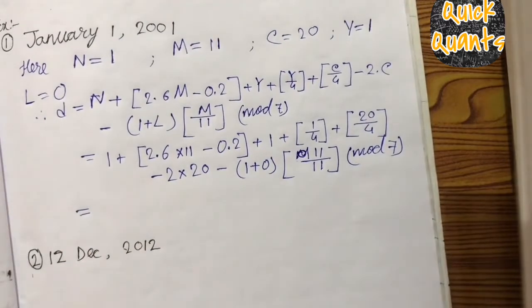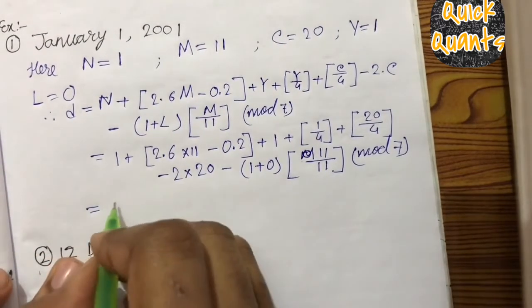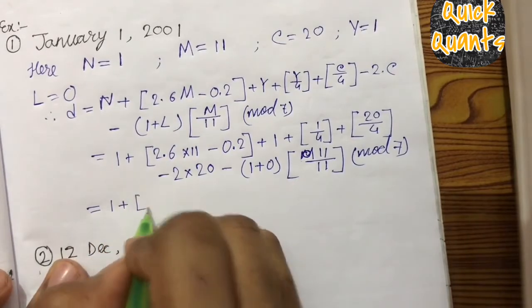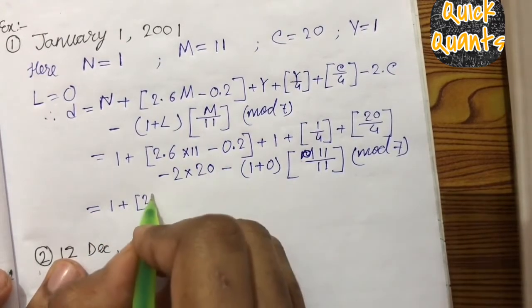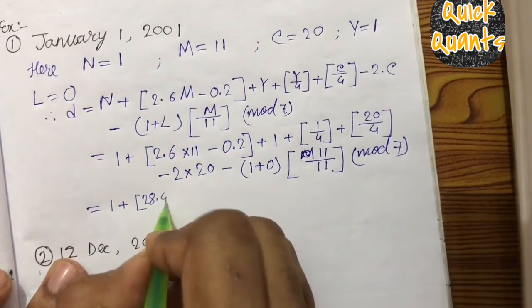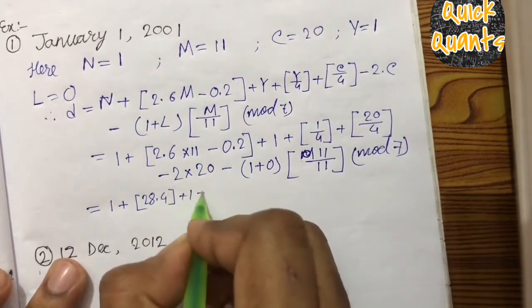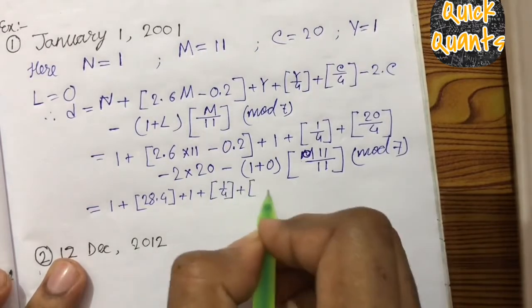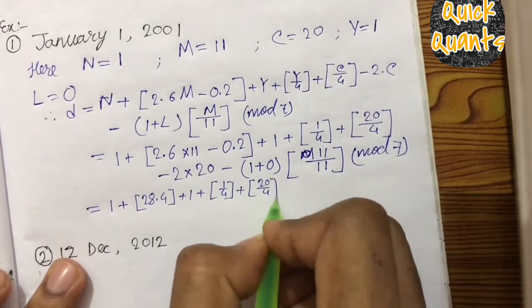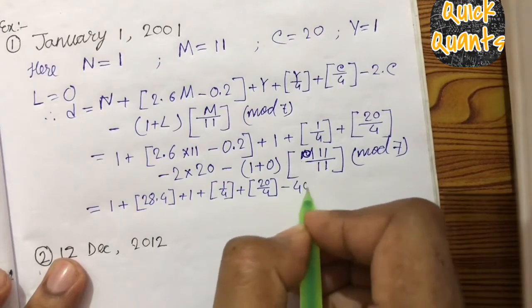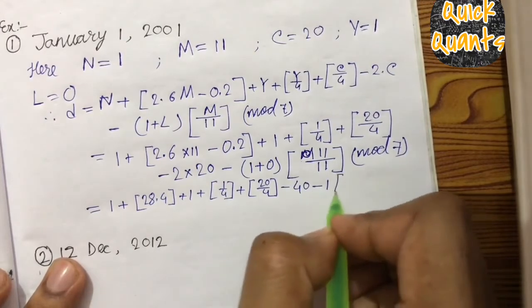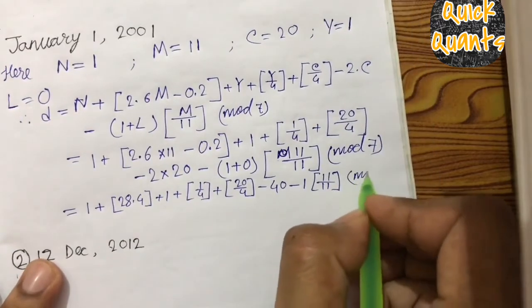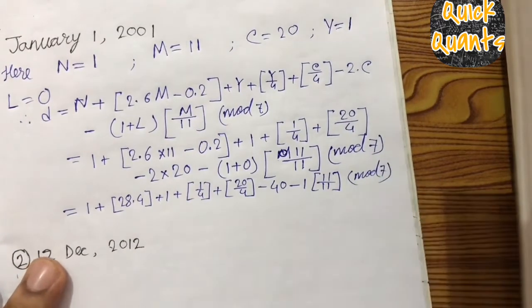Okay, and it would become 1 plus floor of 28.4 plus 1 plus floor of 1 by 4 plus 20 by 4 minus 40 minus 1, 11 by 11, mod 7.